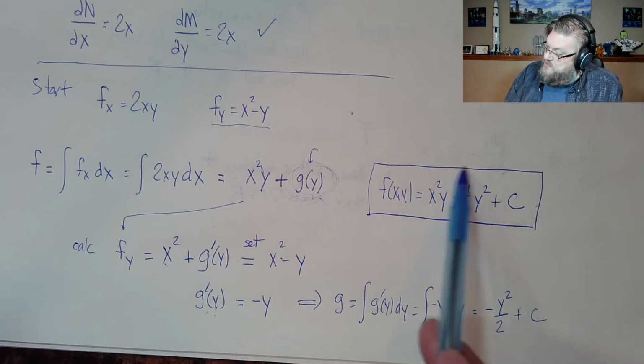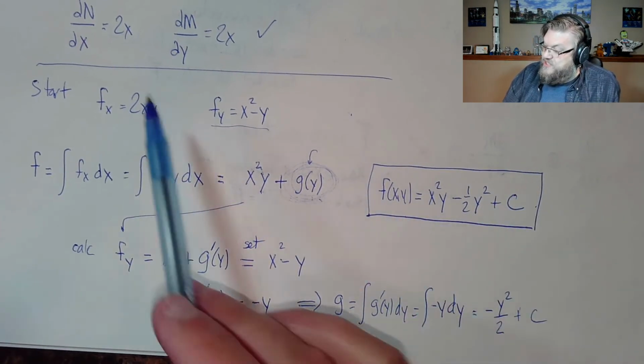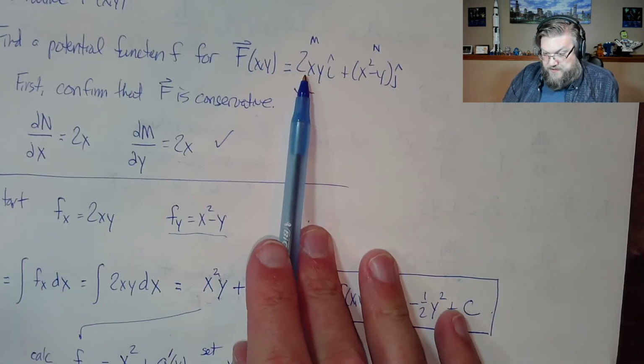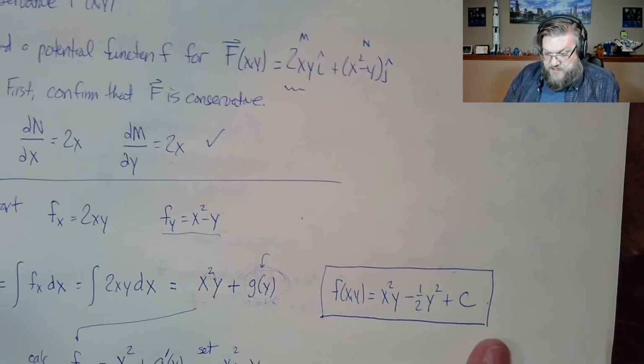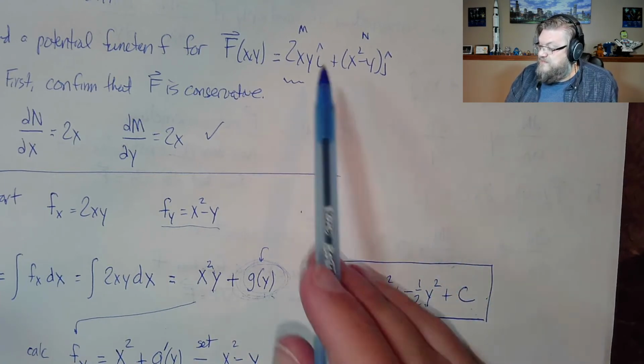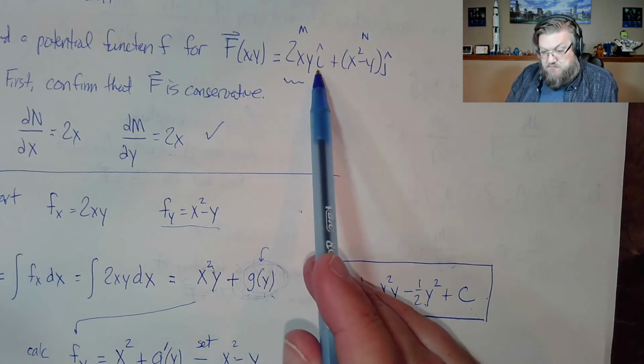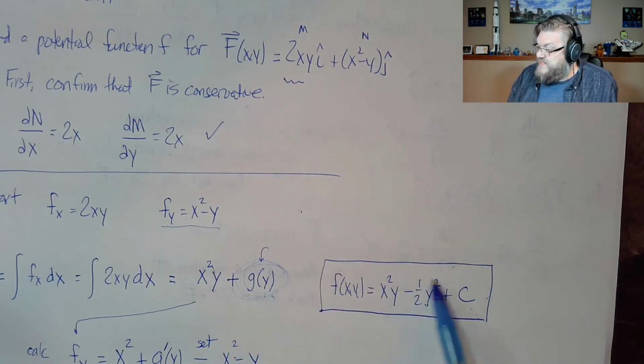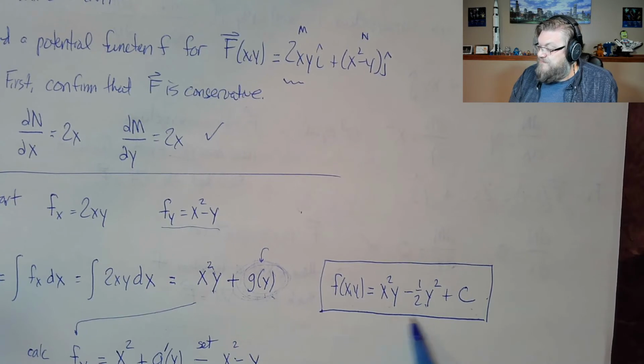Well, if I take the partial with respect to x, I should get the first component of my field. In other words, if I take the derivative of this, I get 2xy with respect to x. That's gone, that's gone. See that? 2xy i. Nice. If I take the derivative of this with respect to y, I'll get x squared minus y.